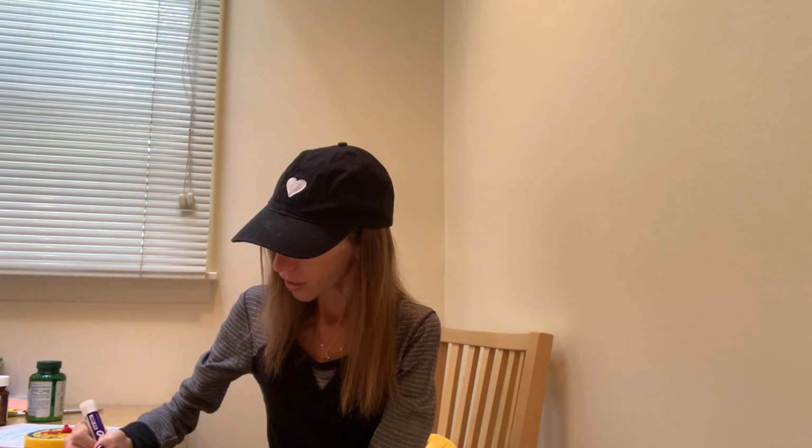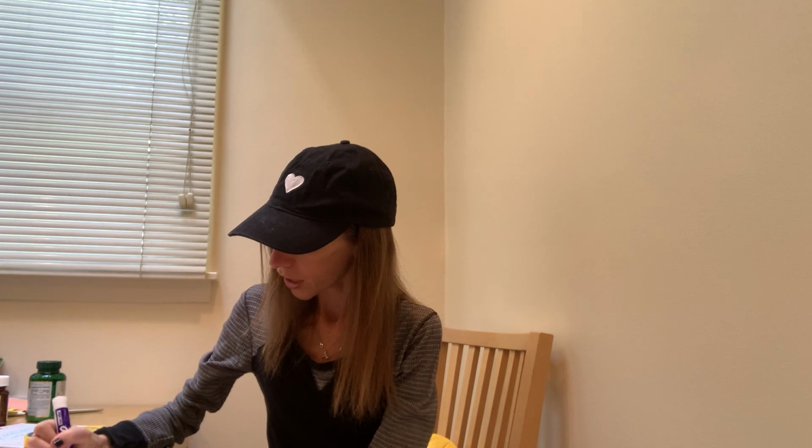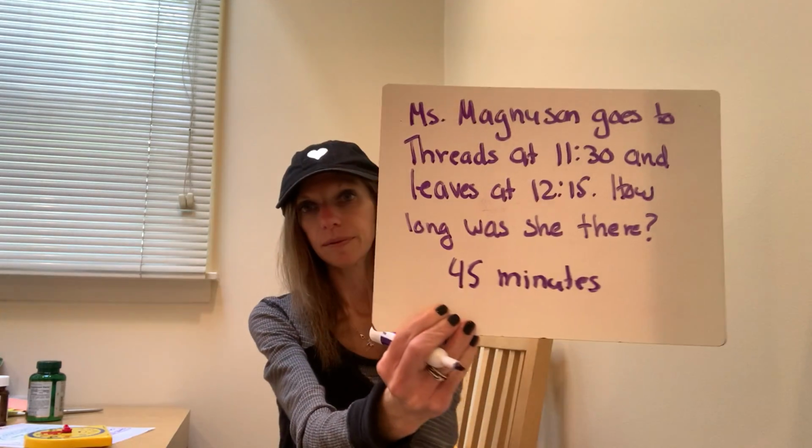We're at 12:15 and I counted to 45. Wow, I was in the store for 45 minutes. I bet I brought a lot of clothes. So the elapsed time is 45 minutes.